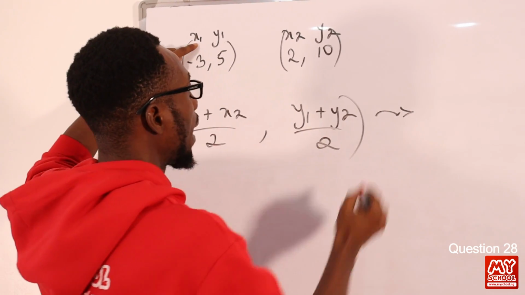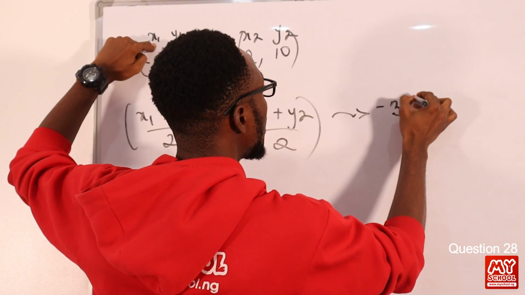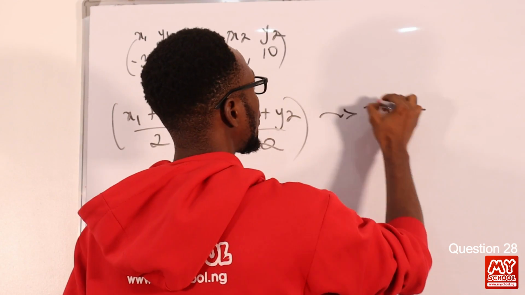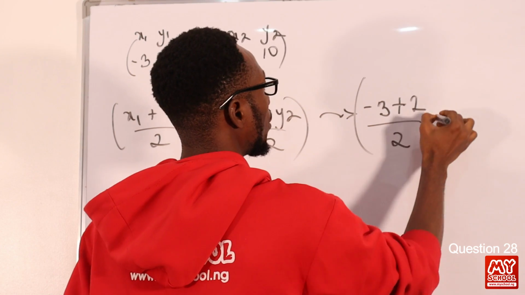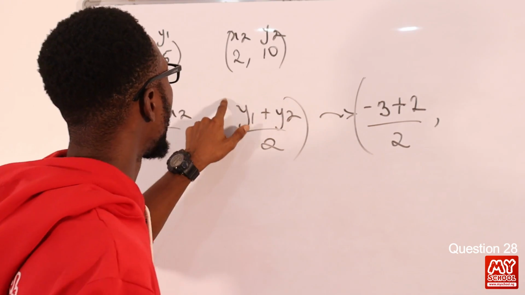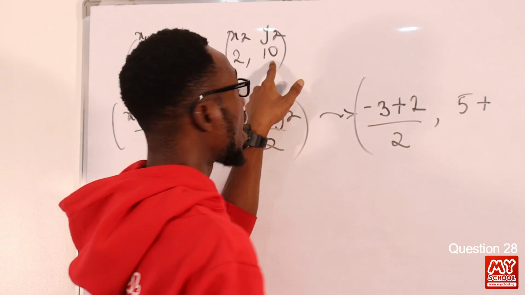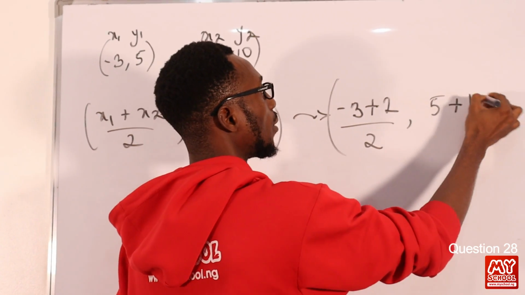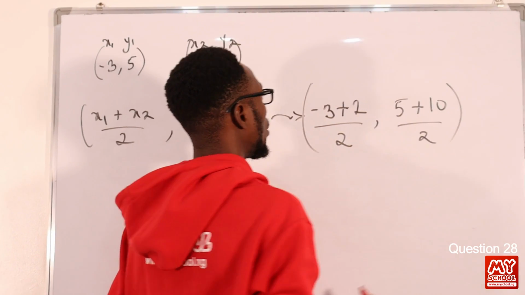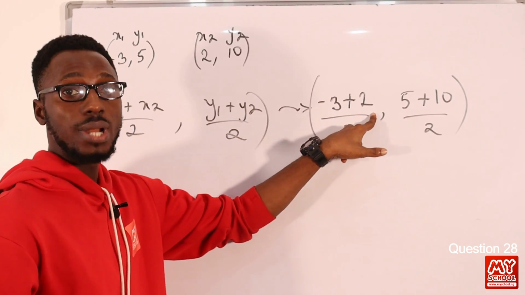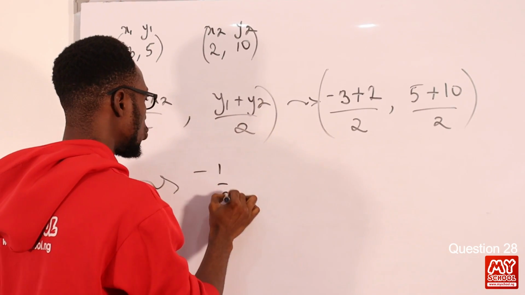So what do I have? My x1 is minus 3 plus my x2, that is 2, over 2. Then comma. My y1 is 5 plus my y2, that is 10, over 2. So we have minus 3 plus 2, that is minus 1 over 2.